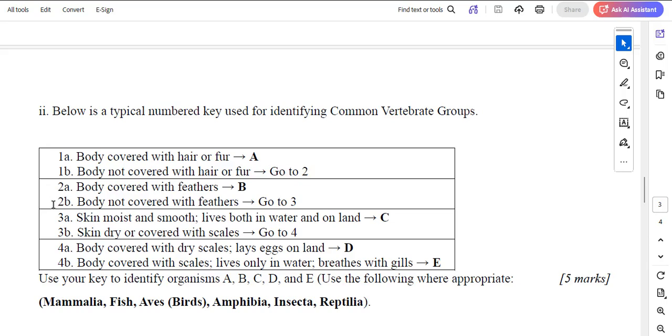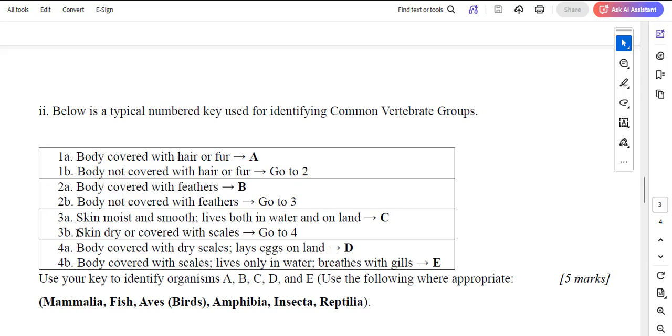2A, body covered with feathers. We identify the organism as B. Then 2B, body not covered with feathers. Go to 3. 3A, skin moist and smooth, lives both in water and on land. We have C. 3B, skin dry or covered with scales.